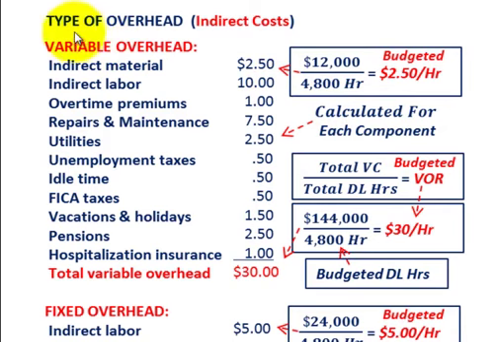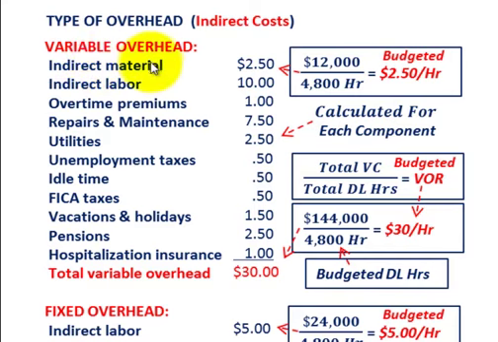Okay, so really we mentioned we're going to have two types of overhead here for our indirect costs. We're going to have the variable overhead, and then we're going to have the fixed overhead component. So let's start with our variable overhead and see what is included in it.